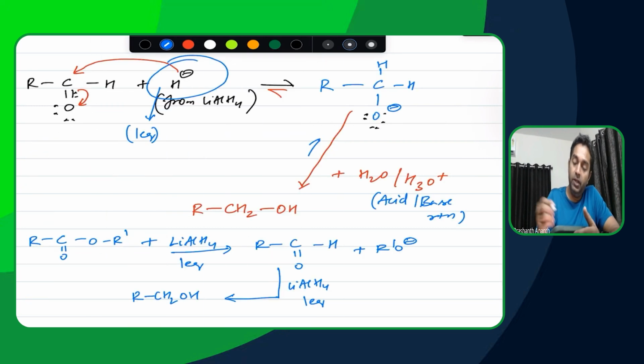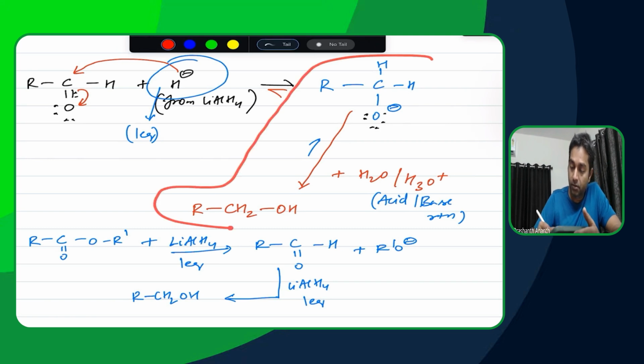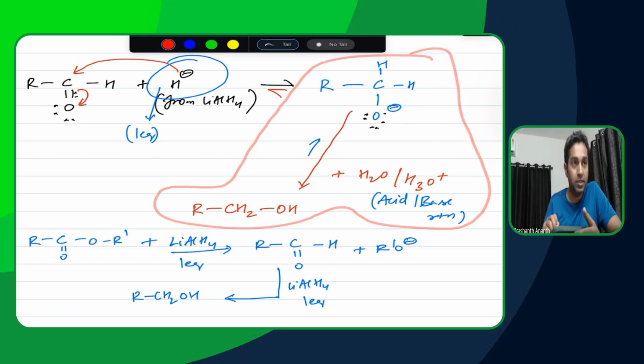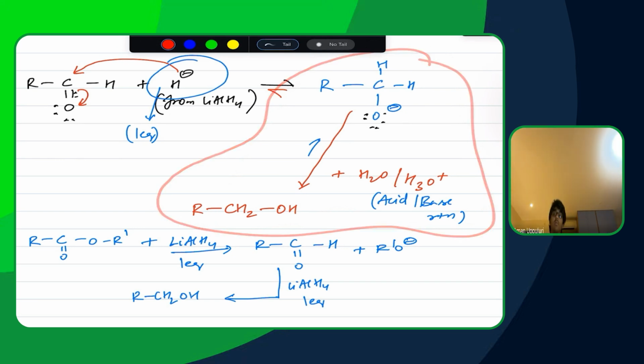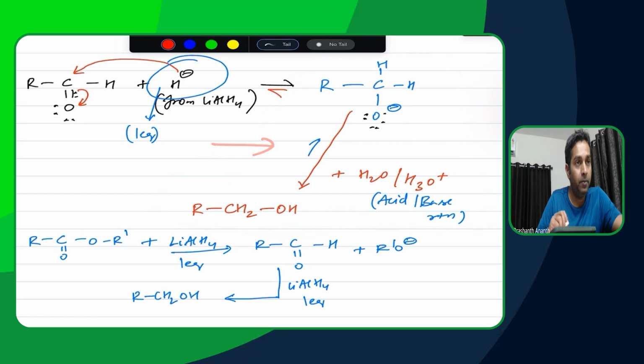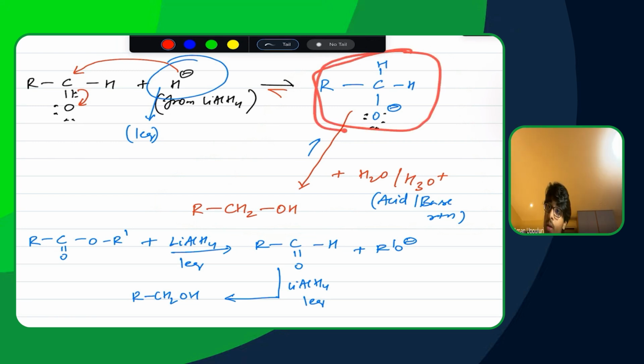Now, in this step here, you see this step marked here? In this step over here, instead of OH, what is this? A nucleophile.